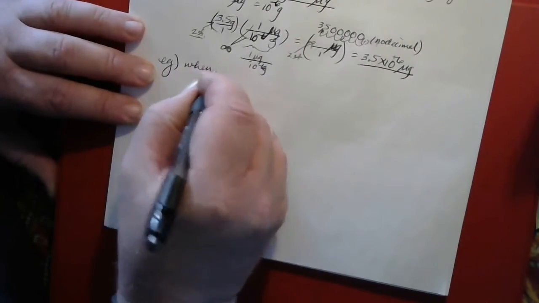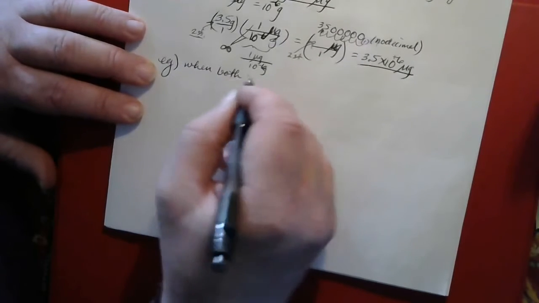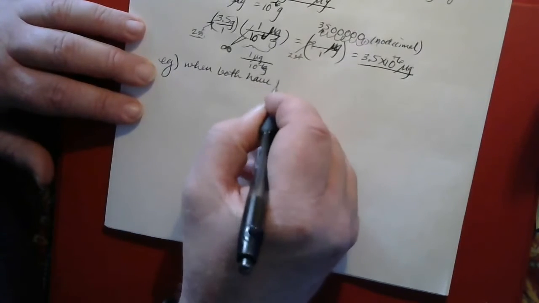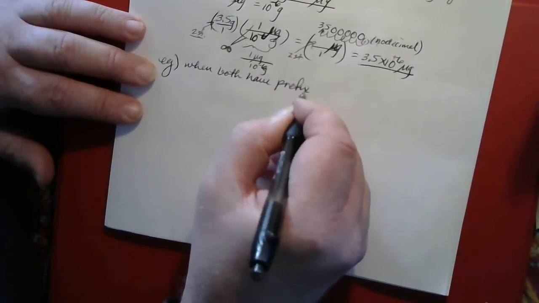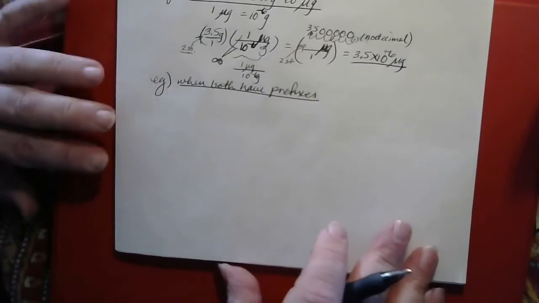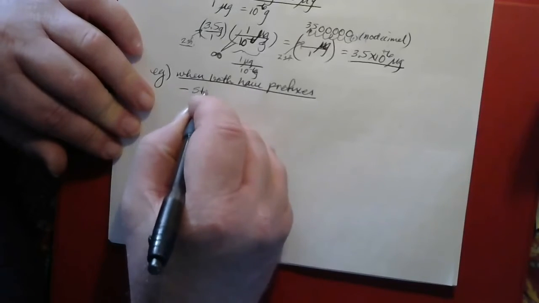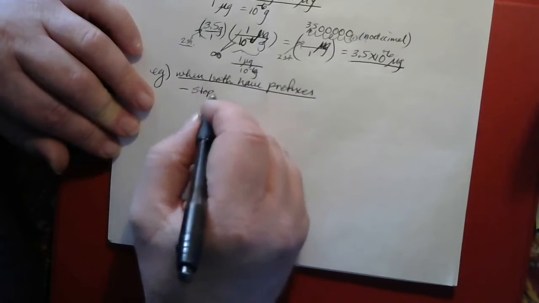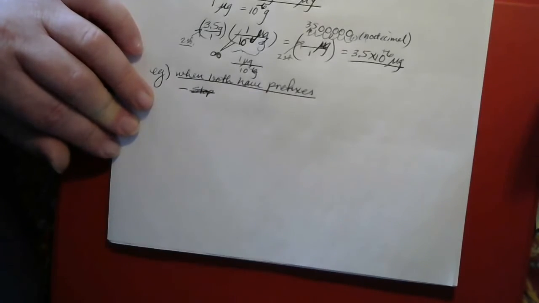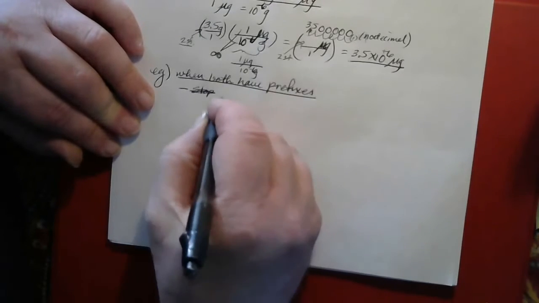So a lot of times, they'll both have prefixes. And what I would recommend in this case would be to do the conversion in more than one step and stop off at the base unit along the way.